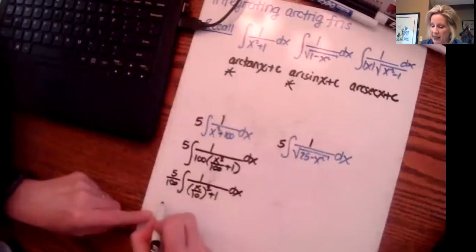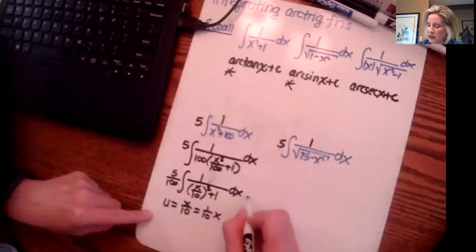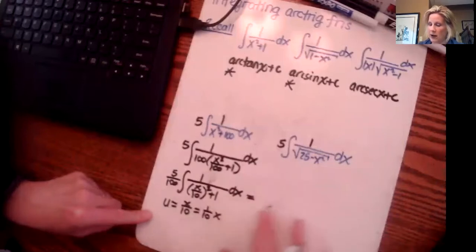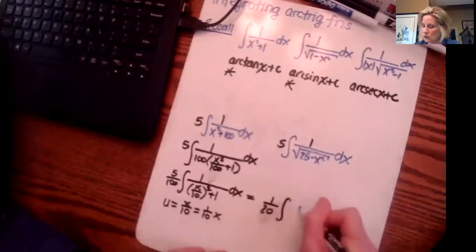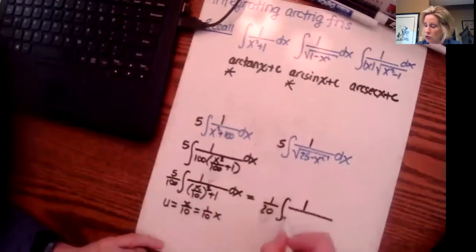Well, if I say let u equal the x over 10, or 1/10 x, then this integral immediately becomes 5 over 100. Tell you what, instead of writing 5 over 100, let's go ahead and make it 1/20th. The x over 10 becomes your u squared.